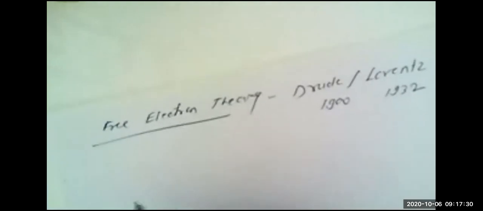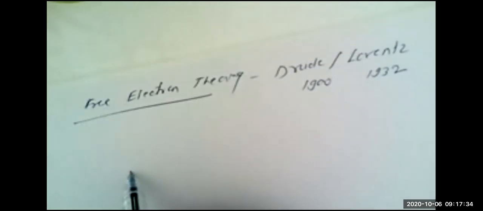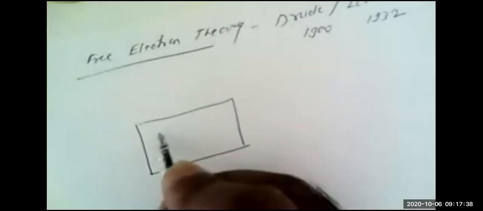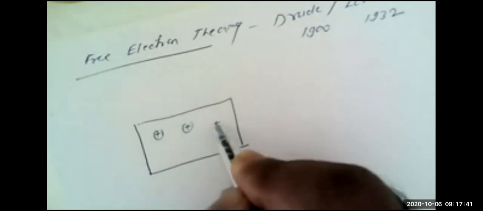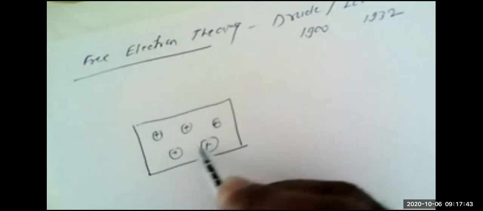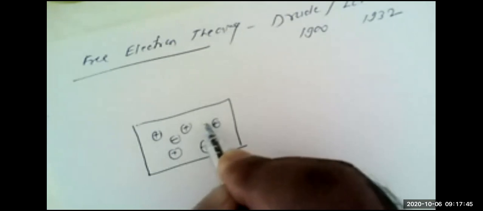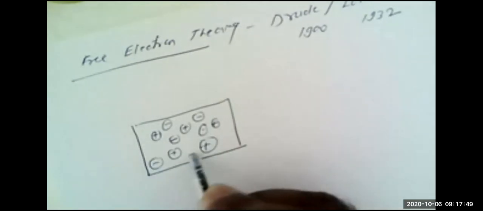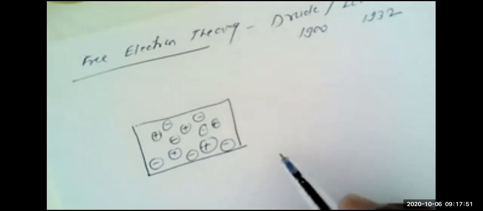So here, according to this theory, say for example, if we consider this is a piece of metal which contains positively charged metal ions like this, it also contains plenty of mobile or movable electrons.